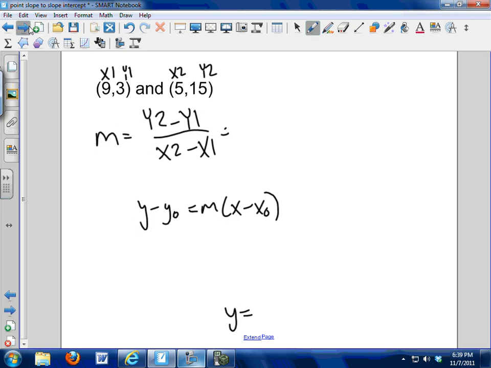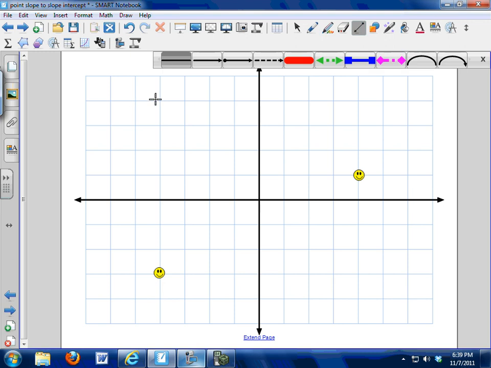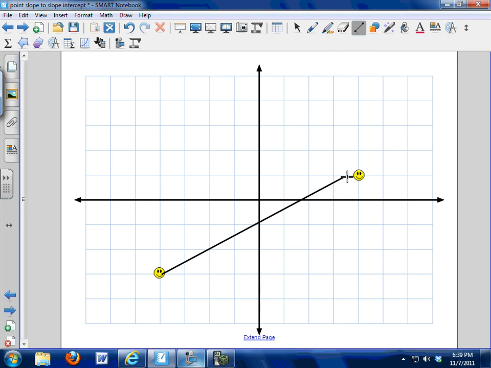Great. Now we've got a wide variety of ways that, if I give you 2 points on a picture of a graph, we can come up with the equation. If I just have these 2 points, we could connect the dots. We know how to find the intercept just by looking at it, and we know how to find the slope by doing the counting thing, so we could get it that way.